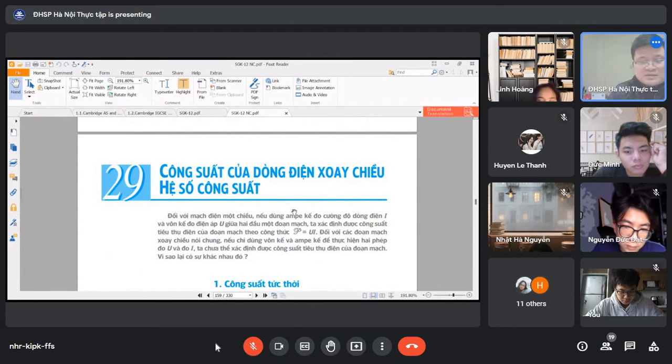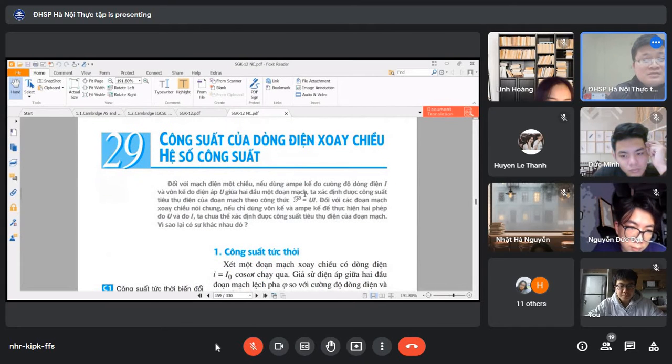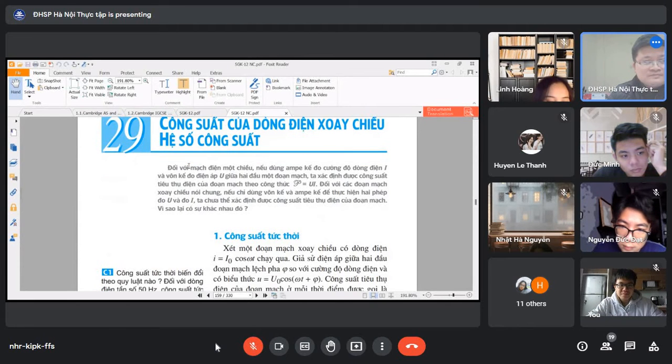When such current goes through a certain circuit with a certain electrical component, it causes a change of voltage across that component. And for any circuit, we also consider the power and the efficiency of such a circuit.